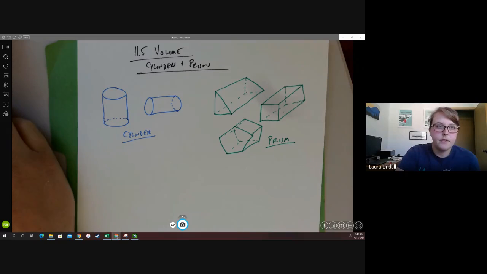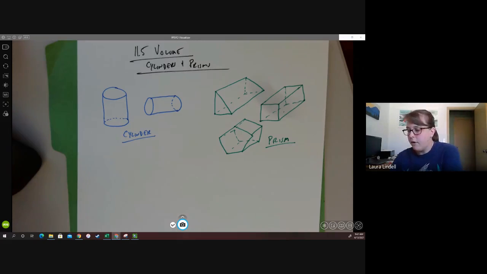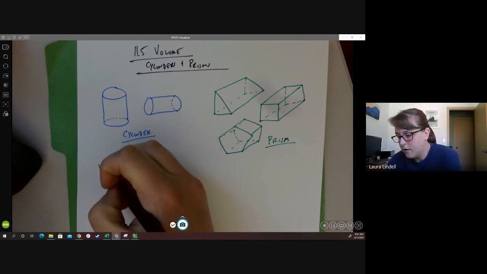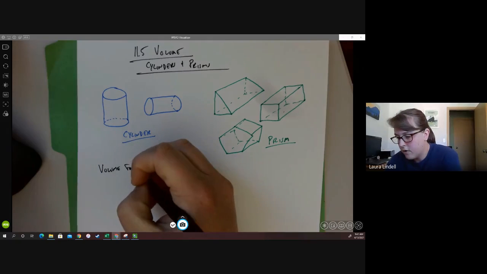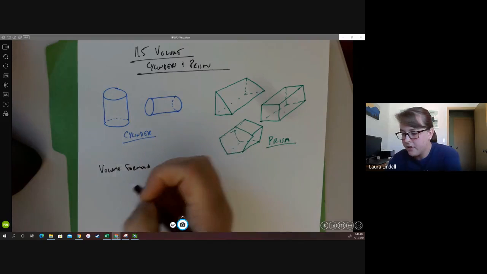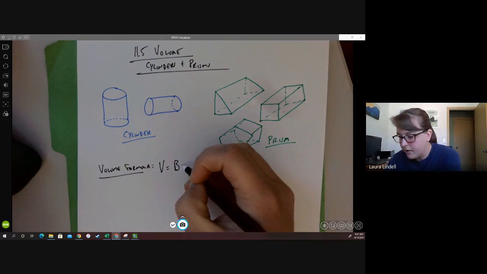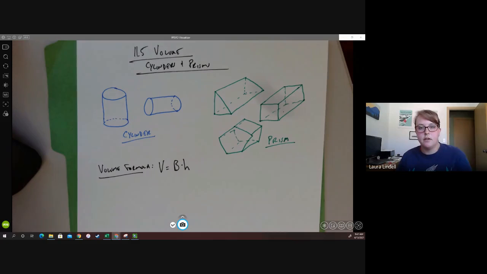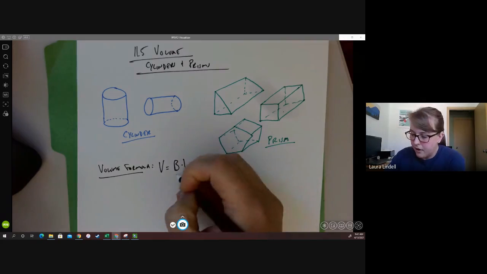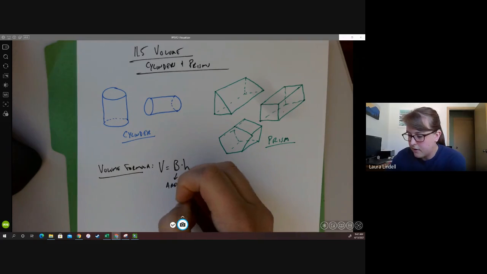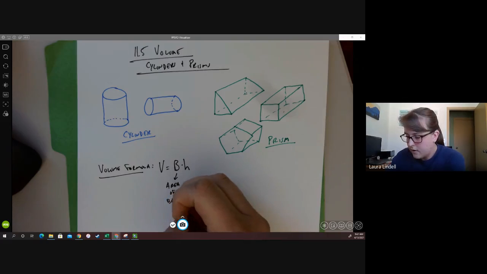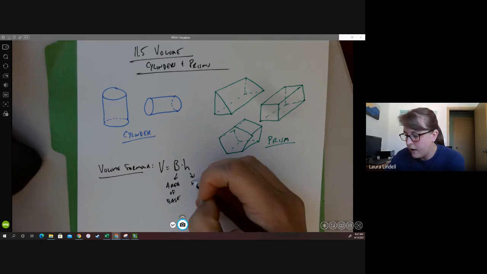Okay. So once we know what a cylinder or a prism is, now we need to talk about how we would find the volume. And so our volume formula here is the same for cylinders and prisms. It's volume equals capital B times H, where capital B stands for area of the base, and H stands for height.